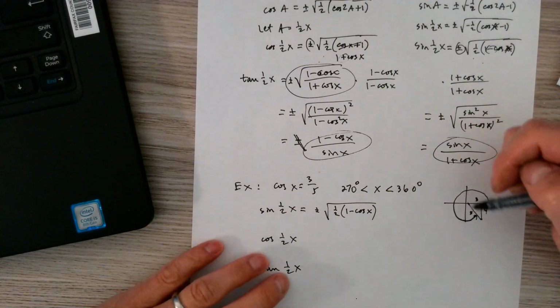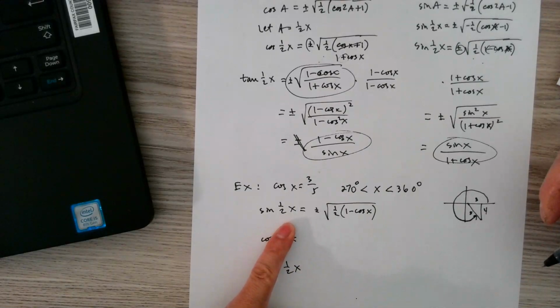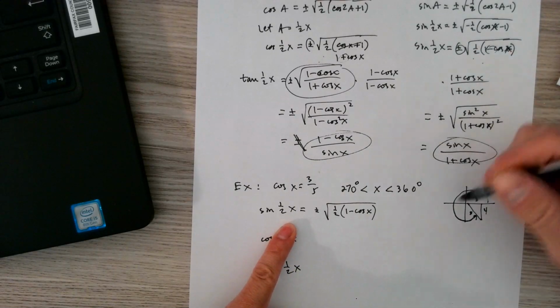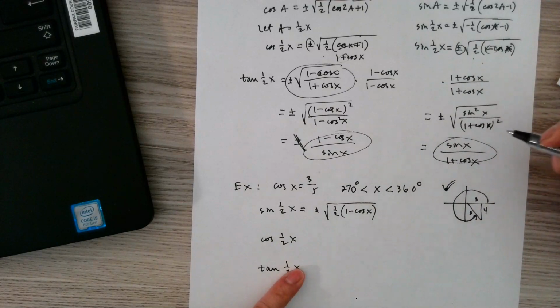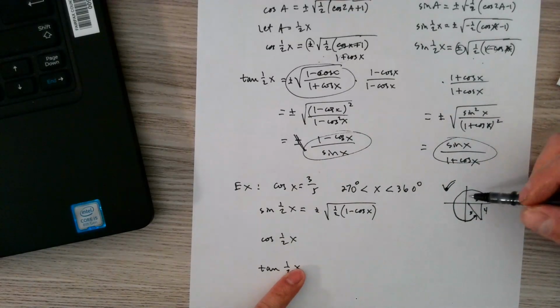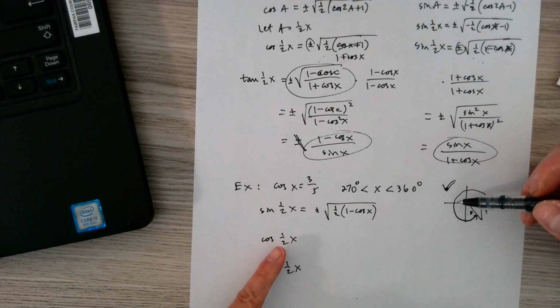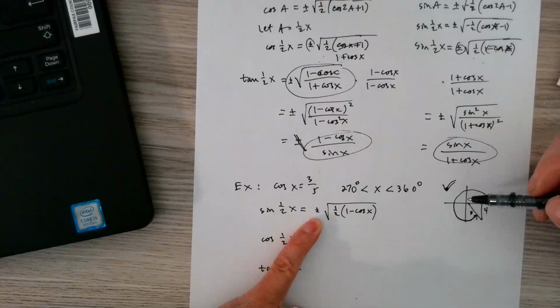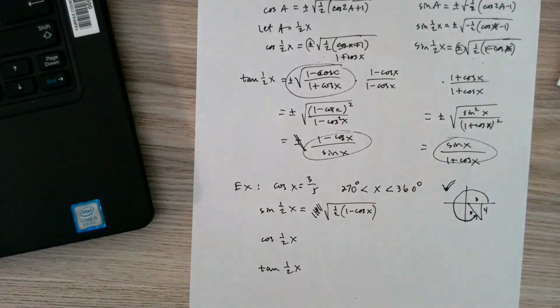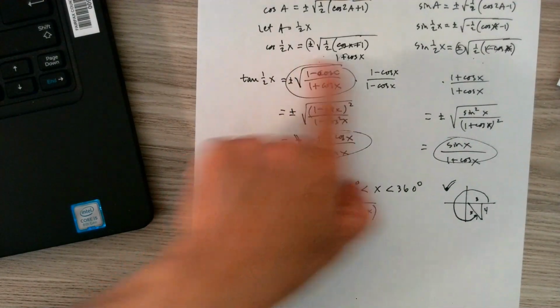So whatever 1/2 of x actually is, it is going to be here in quadrant 2. And quadrant 2 only has positive sine values. So I can get rid of this plus or minus now, because I am certain that whatever sine of 1/2 x is, it is positive.